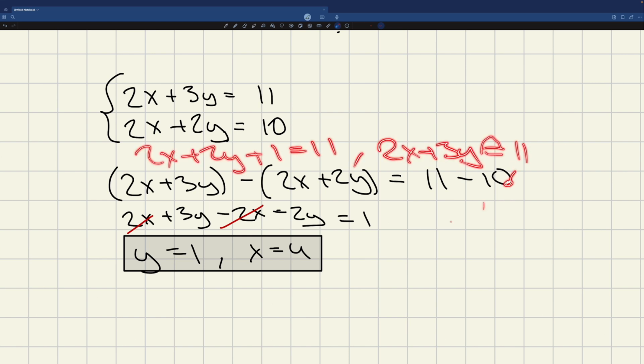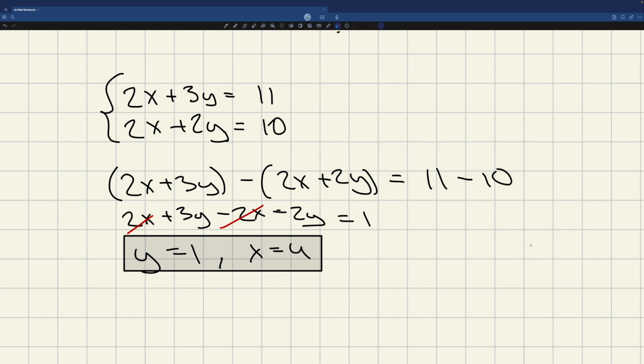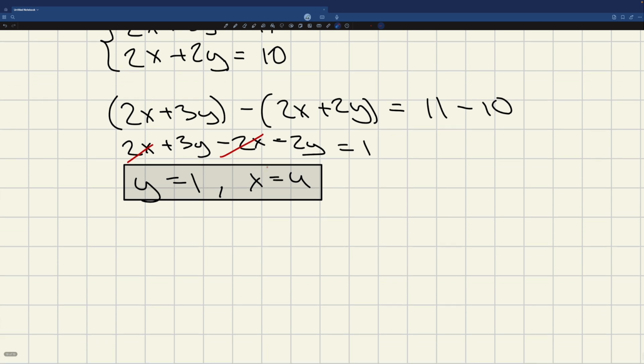So therefore, we can simply say that 2x plus 2y plus 1 must be equal to 2x plus 3y. And that's it. So you could also do that. You can make these two equal, therefore making these two equal as well. It's a nice and neat way to solve these.